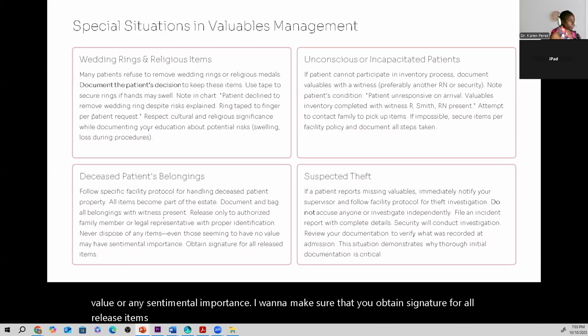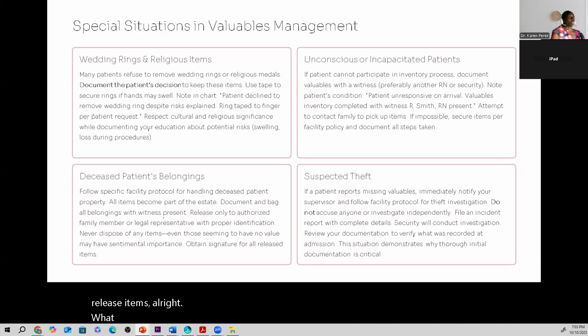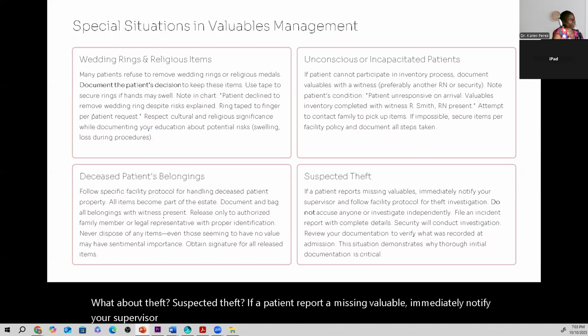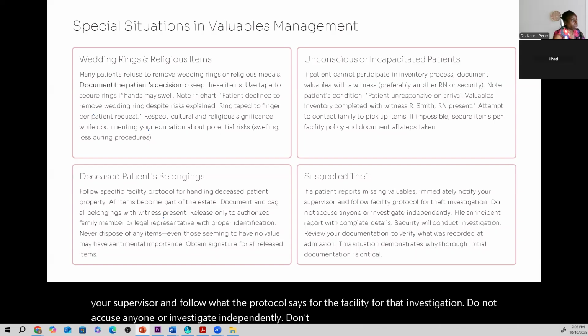All right. What about suspected theft? If a patient reports a missing valuable, immediately notify your supervisor and follow the facility protocol for theft investigation. Do not accuse anyone or investigate independently. Don't be the investigator when it comes to theft.